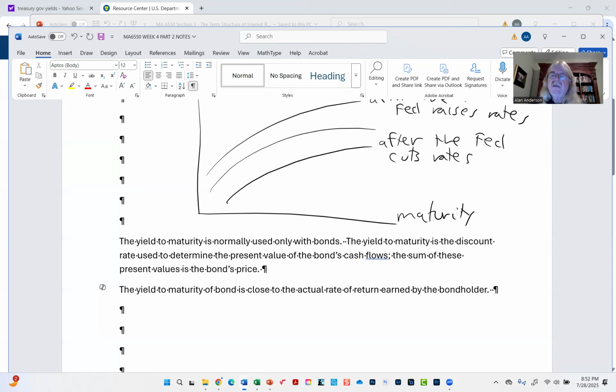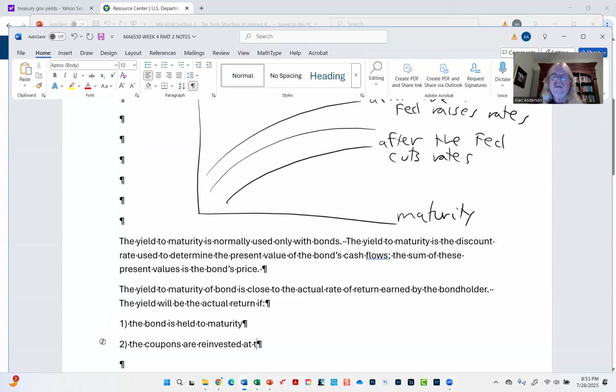But the yield will be the actual return if, number one, the bond is held to maturity, meaning you don't sell it before the maturity date. And two, if the coupons or interest payments are reinvested at the same rate of return as the yield to maturity. Now, those are some pretty strong assumptions.